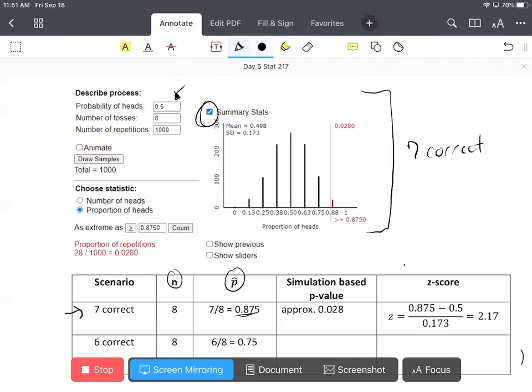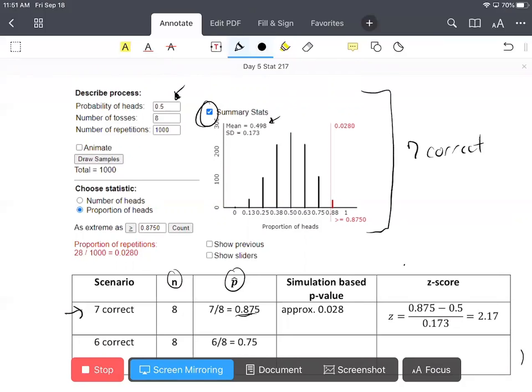Once again, I check summary statistics. I come out with a mean of 0.498. That's close to 0.5. Not exactly, but that's okay. Remember that we're talking over the long run, that it would be your long run proportion. In other words, your pi would be 0.5.